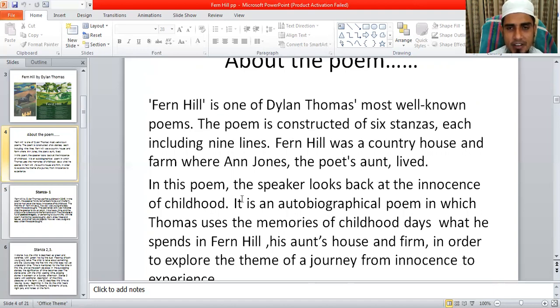In the last three stanzas, stanza 4 to 6, the poet expresses his experience now in his adulthood. Being an adult, he recollects his past memories and notes down his memories of childhood in this poem.